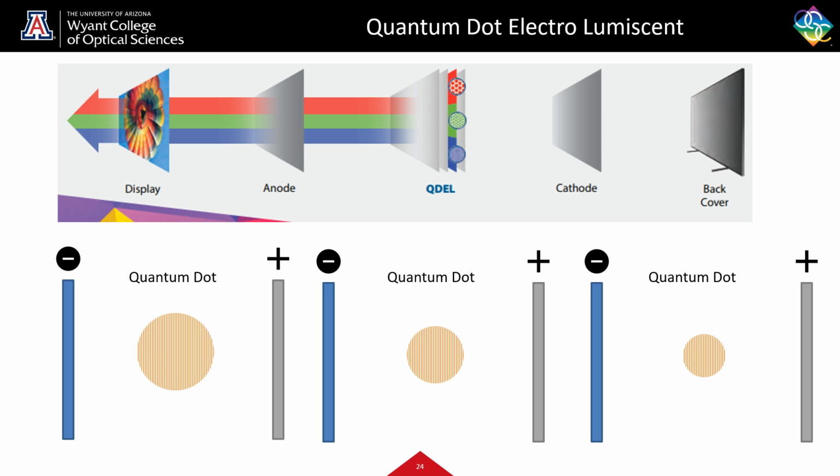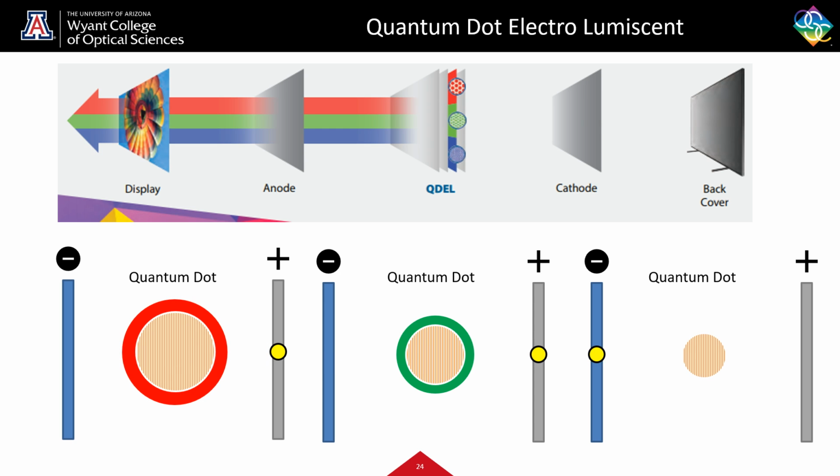And there are companies working on ways to make the quantum dots illuminate the light themselves. Similar to everything we've been talking about, we send a current across the quantum dot, and it'll create a red, a green, or a blue pixel.